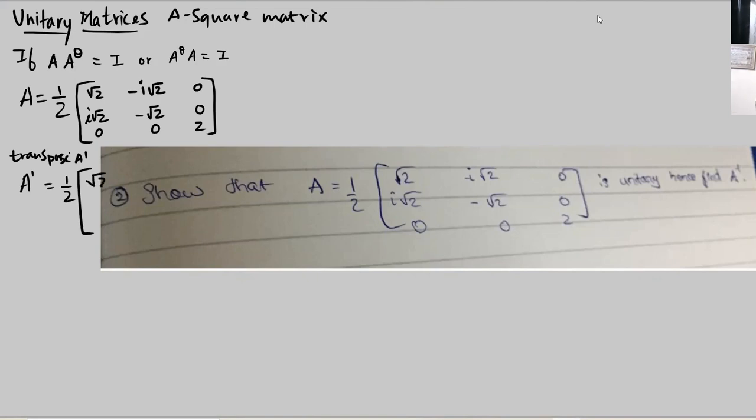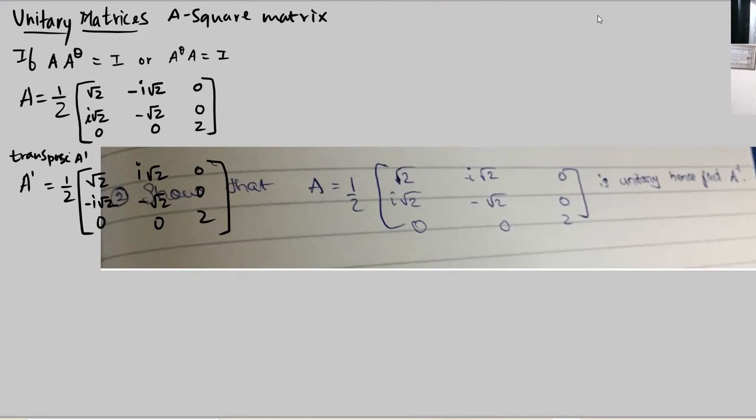So root 2, minus I root 2, 0. And I root 2, minus root 2, 0. And then 0, 0, 2. So this is our A transpose.